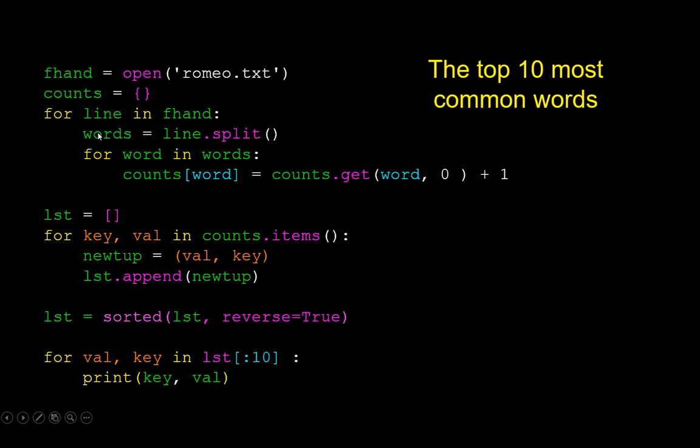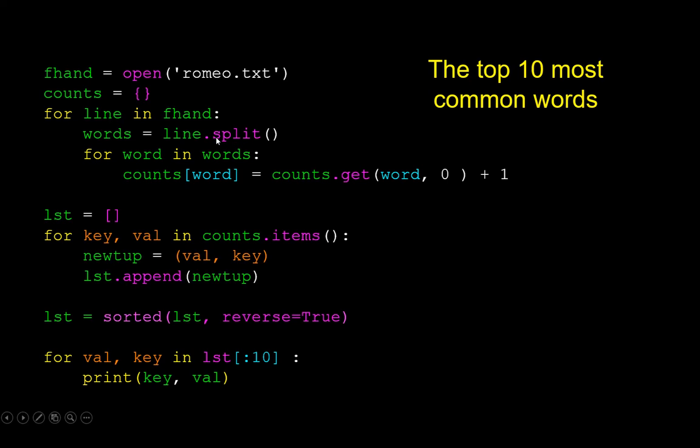This part, if you remember, was from the last module, on dictionaries, how to count the words and the number of their occurrences in a file. That's exactly what we had before. So for each line in the file that we opened, we're going to use the split function.